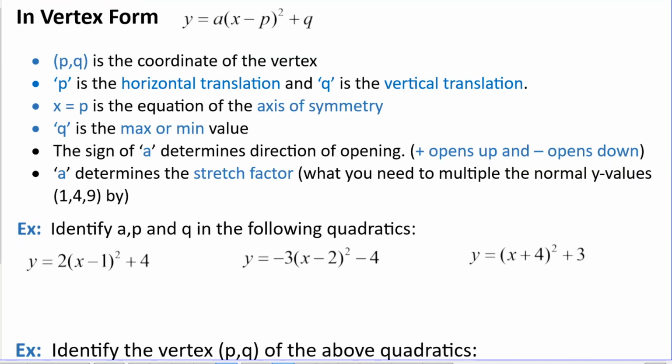So, in summary, in vertex form, P tells us how much we move left and right. Right, it's the horizontal translation. Q tells us how much we move up and down. It's the vertical translation. That means that PQ, the point PQ, is going to be our vertex. Because it's essentially asking us how far have we moved it from that original vertex of 0, 0.